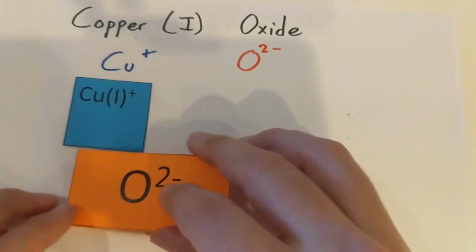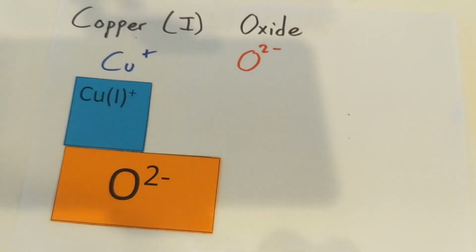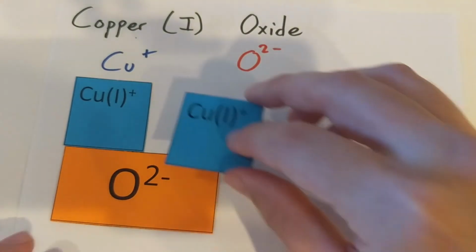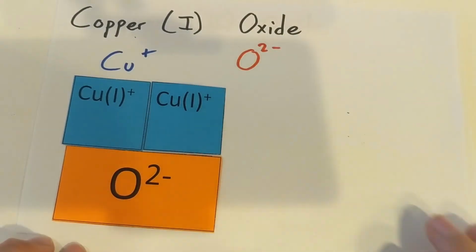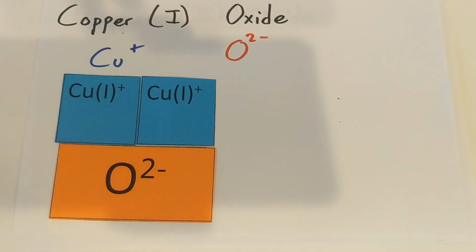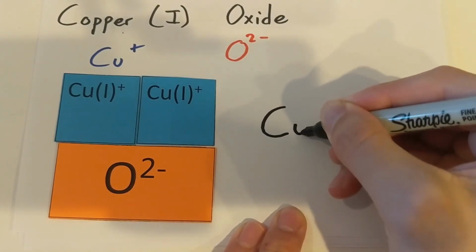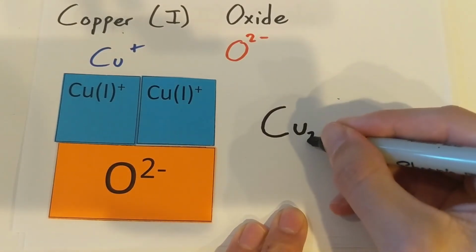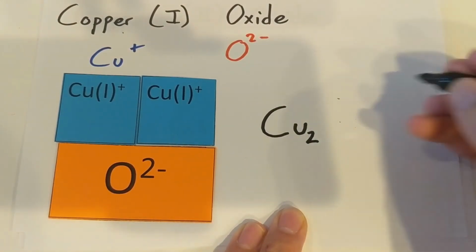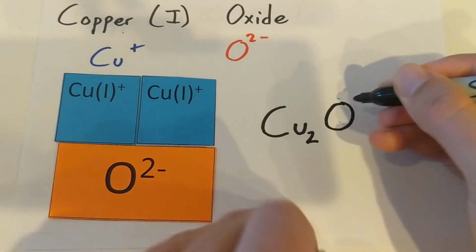And oxide here. And to balance our charges out, I'll need to put 2 copper in. So the way I write my formula unit would be copper with a 2, oxide.